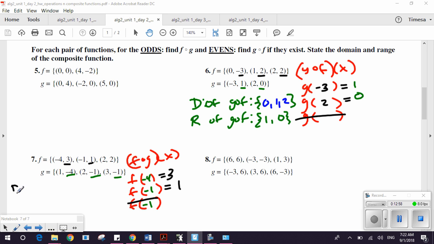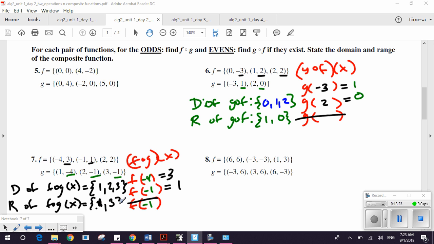So the domain of our composite is equal to 1, 2, 3. The range of our composite is equal to 1, 3.